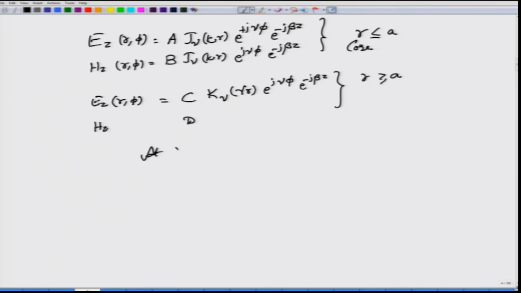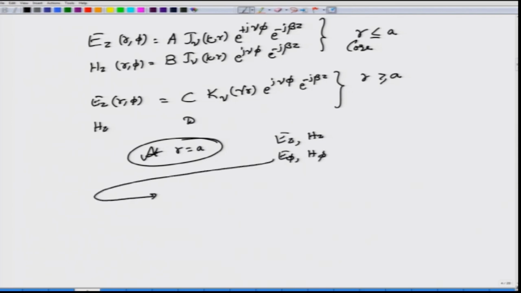At r equal to a, you need to match Ez, Hz, E phi and H phi. To get these expressions for E phi and H phi, you should refer to step 2. For example, E phi is given by minus j beta by kappa square, and then I have 1 by r del Ez by del phi, then plus j omega mu divided by kappa square del Hz by del r.